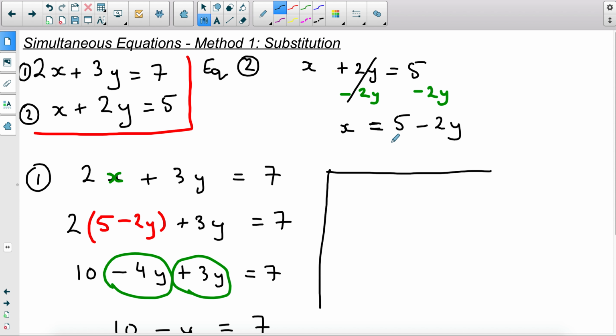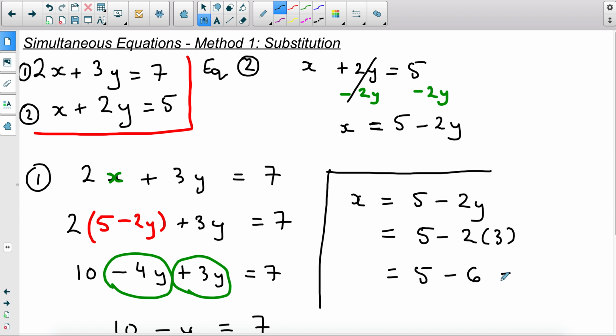So the best step to do right now is to use our substitution. You can also substitute your y into any of these equations, either would work. However, we've already established that x is equal to 5 minus 2y, and we know that y is equal to 3, so 5 minus 2 multiplied by 3, and then reducing it will give us negative 1.